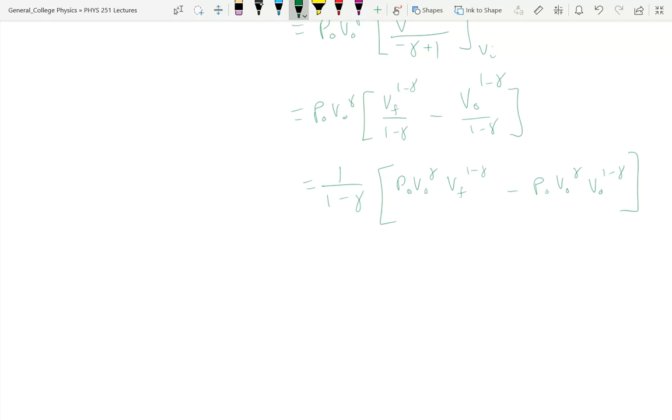Remember, P0, V0 to the gamma is equal to P final, V final to the gamma because it's constant. So I'm going to change these two zeros to finals, and I can do the same thing now with the first term.